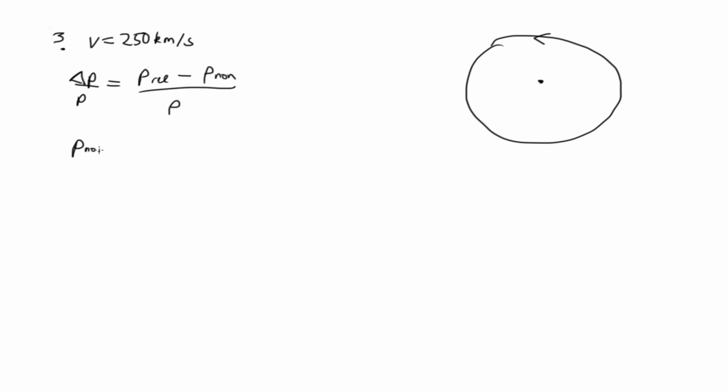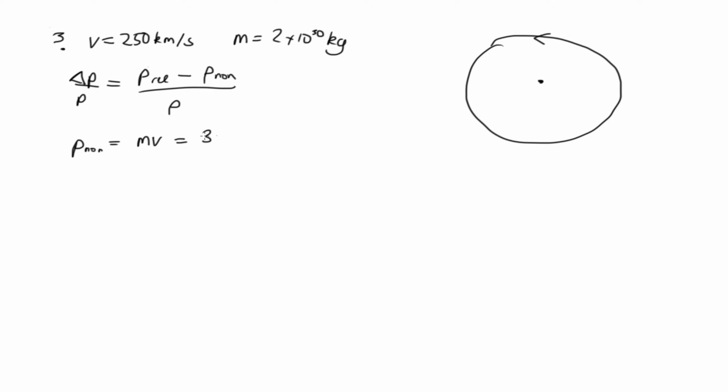Okay, so for the non-relativistic Newtonian case, we know that momentum is equal to the mass times the velocity. In the question, we're given the mass. The mass of the sun is equal to 2 times 10 to the 30 kilograms. Okay, so we can come up with a value for this if we want to. We don't have to at this stage, but we can.